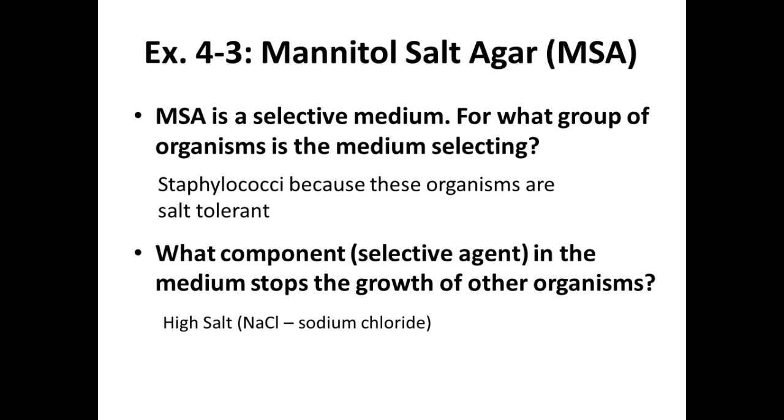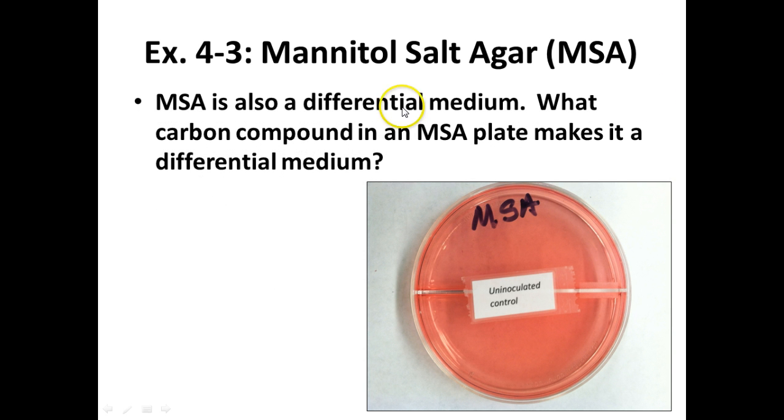Remember, the other media we looked at today had salt in it, but not a high concentration. It was an osmotically balanced level of salt. In this case, it's a high level of salt. So the ones that can resist this salt are going to grow, and the ones that can't are not going to grow.